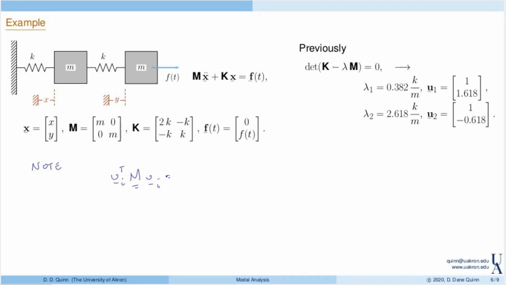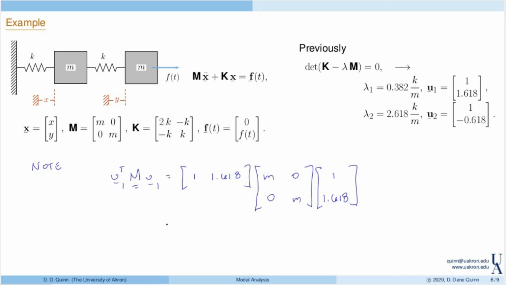So we can calculate ui transpose times m times ui. Let's do this for i equals 1. That's 1.618 times the mass matrix given here, and then u is 1.618. Notice this first term is a row vector, then a 2 by 2 matrix, and then a column vector.